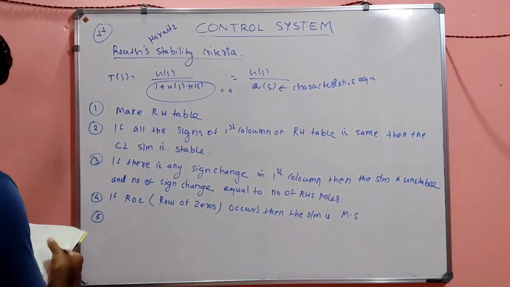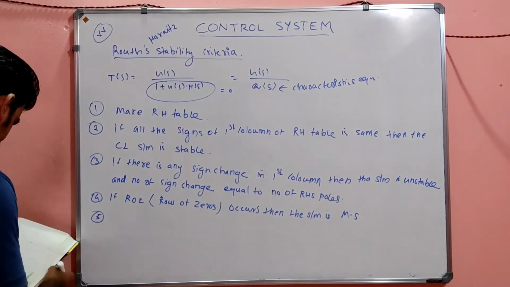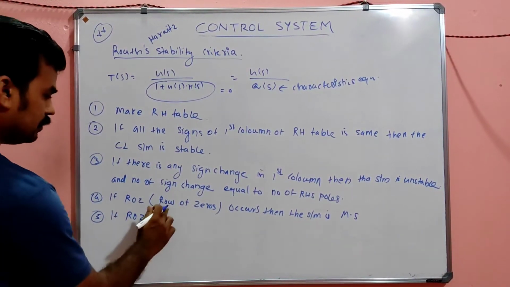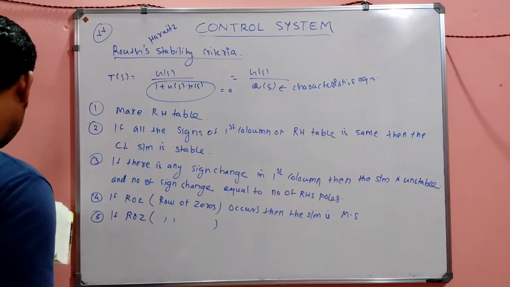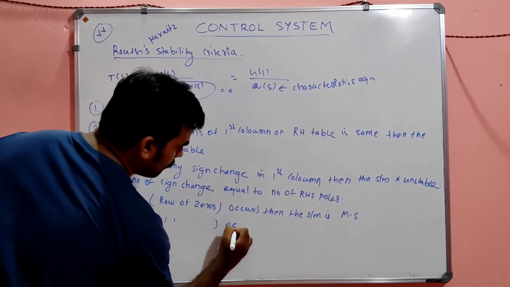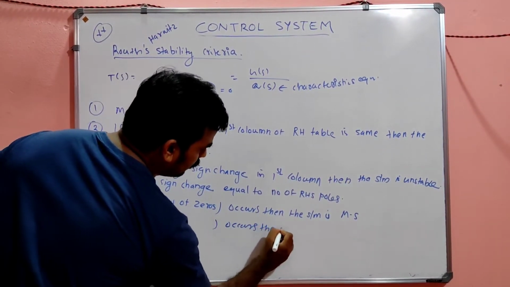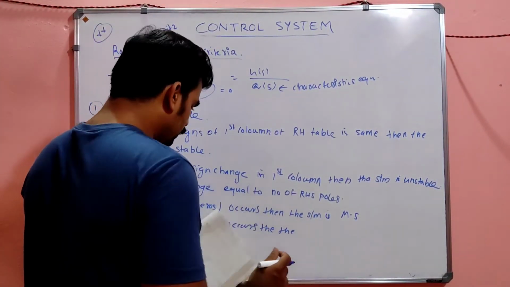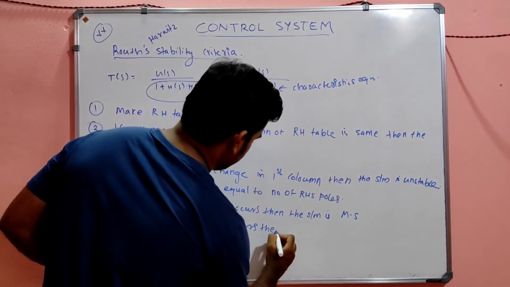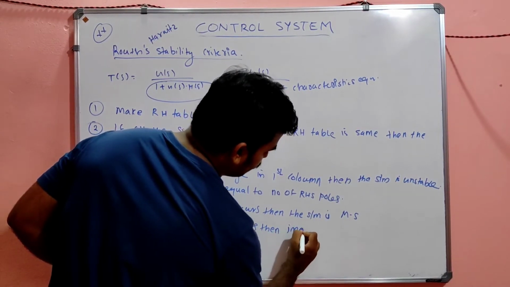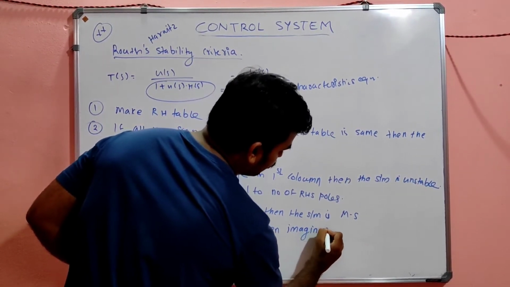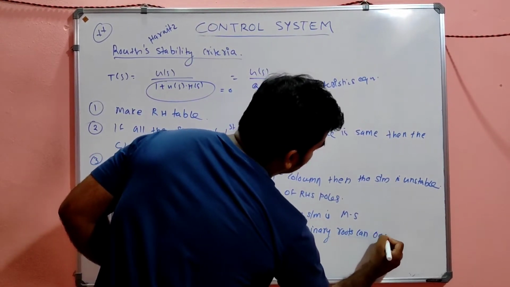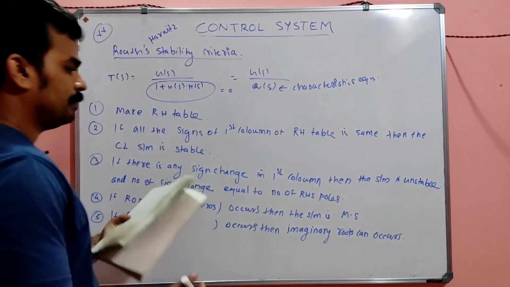Fifth rule: if a row of zeros occurs, then imaginary roots can occur.